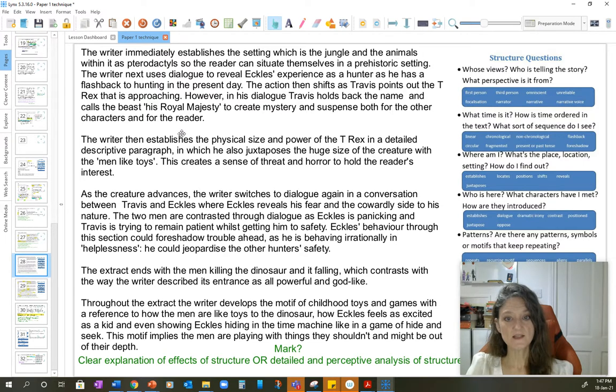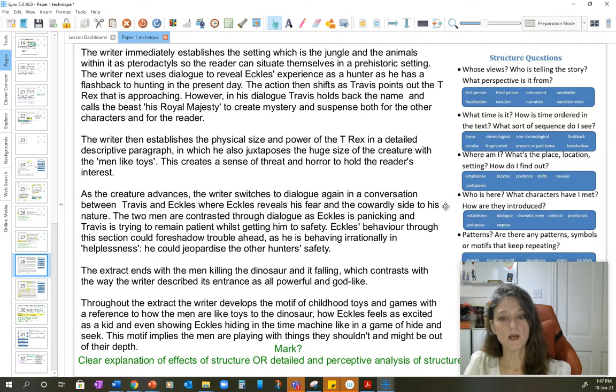The writer then establishes the physical size and power of the T-Rex in a detailed, descriptive paragraph in which he also juxtaposes the huge size of the creature with the men-like toys. This creates a sense of threat and horror to hold the reader's interest. As the creature advances, the writer switches to dialogue, again in a conversation between Travis and Eccles, where Eccles reveals his fear and a cowardly side to his nature.